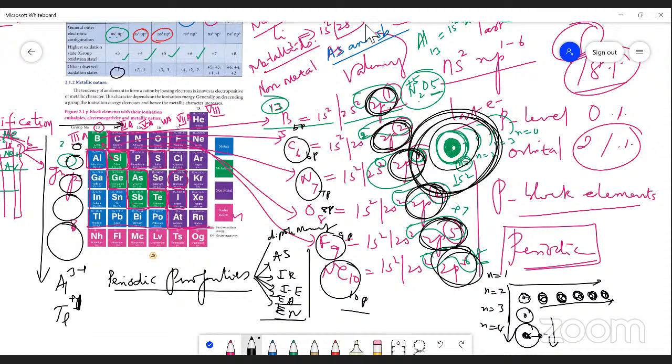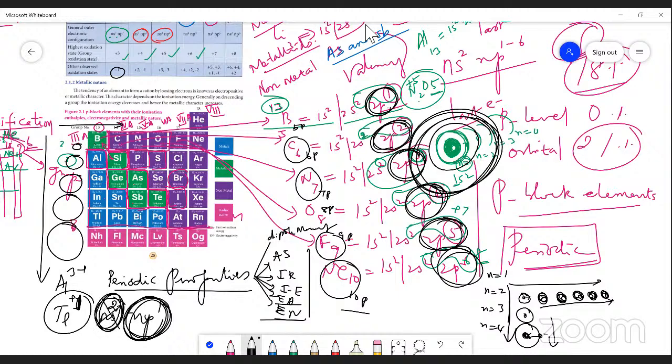Why? Because thallium has the configuration ns2 np1, and only this one electron can undergo chemical reaction. The s orbital electrons are not involved in the chemical reaction, so they are inert. There is no action.